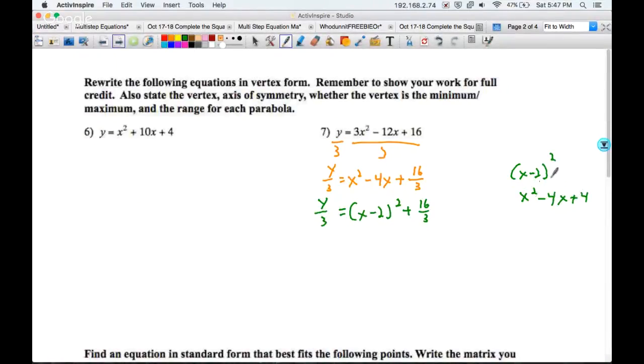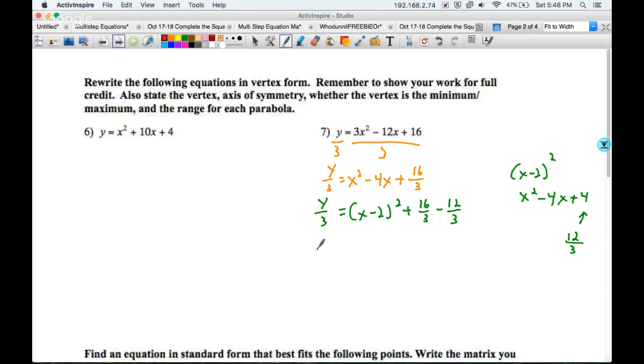So we're going to get back our x squared and our minus 4x, but we're going to get an extra 4, so let me subtract that away. Let me write it in terms of thirds. So 4 is the same as 12/3. So I'm going to subtract away 12/3 here. So I'm getting rid of my extra.